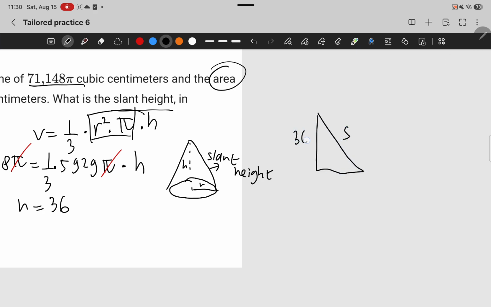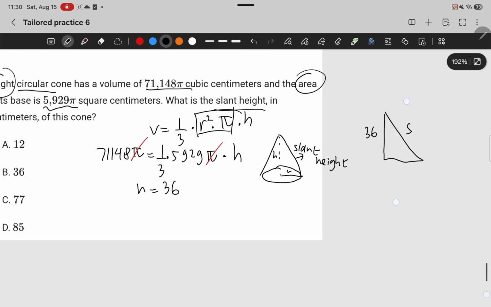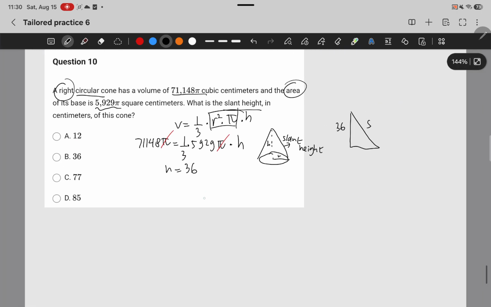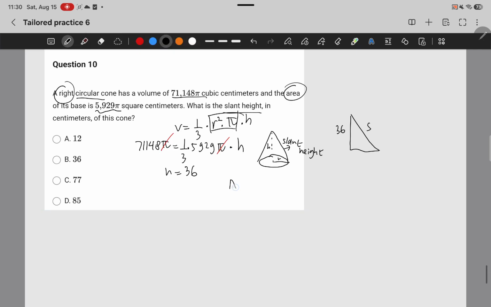So this one will be like this. This is the height 36 and the R. Okay, we just find, since the area of the circle is πR squared, so this number will equal that, so R will be the square root of it.